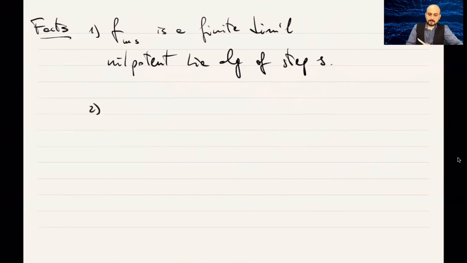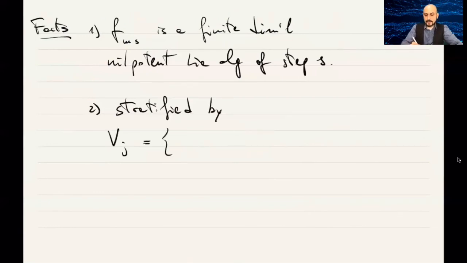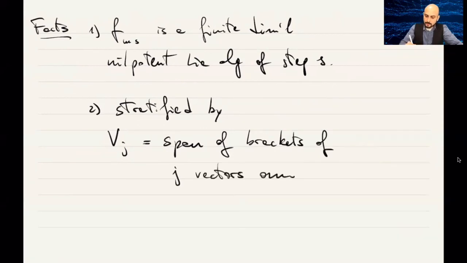And actually, this algebra is also stratified by Vj, where Vj is the span of jth brackets, that is, brackets of j vectors among the generators, also possibly repeated.